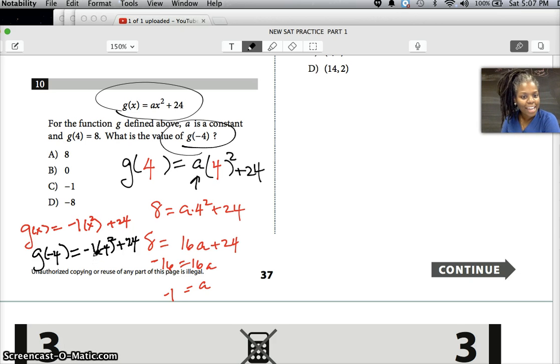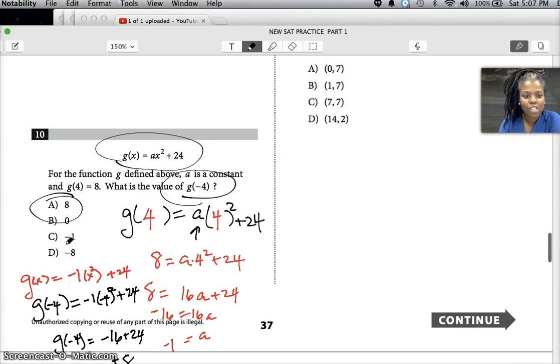When I square that negative 4, I get positive 16, but then when I multiply by negative 1, I get a negative again. So g of negative 4, the thing we're solving for, is equal to negative 16, because I squared it and it became negative again, plus 24. When I add those together, I get positive 8. And I just realized I did not give you the answer in the beginning, so that's my bad. All right, so that's number 10.